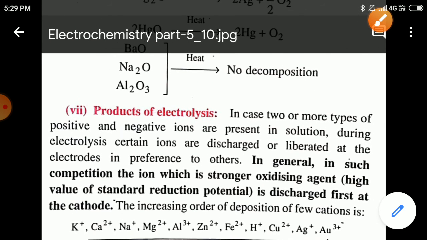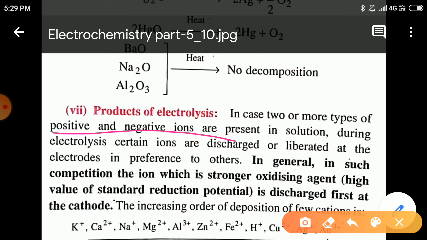Next, product of electrolysis. In case two or more types of positive and negative ions are present in solution during electrolysis, certain ions are discharged or liberated at the electrode in preference to the others. So in the case of electrolysis, a particular ion migrates to the cathode and the next one to the anode, which always depends upon its reduction potential.